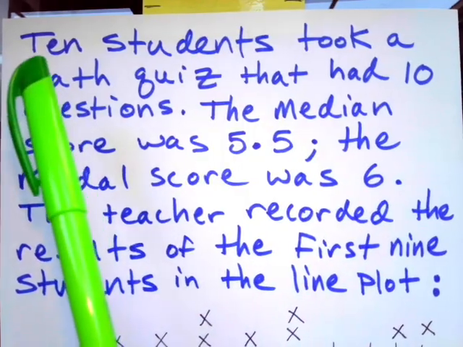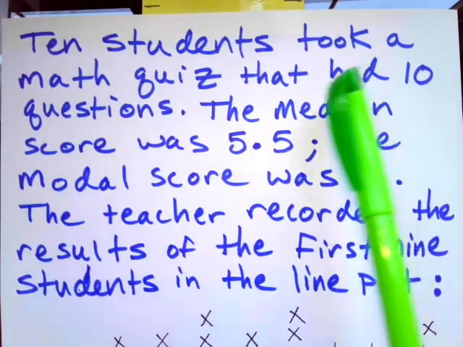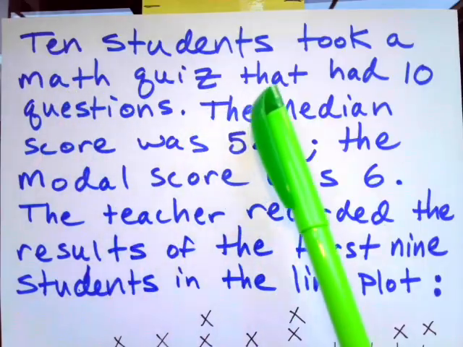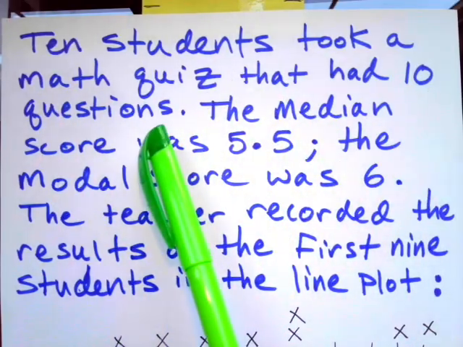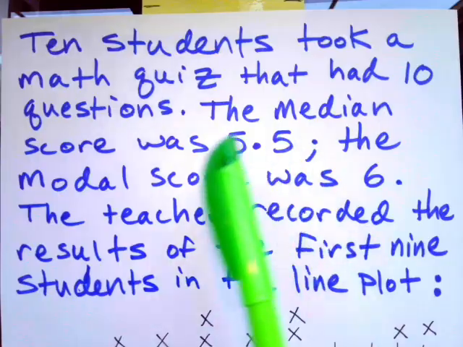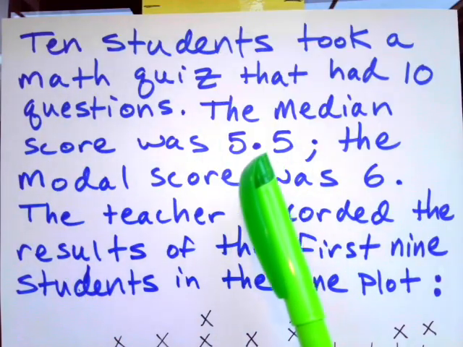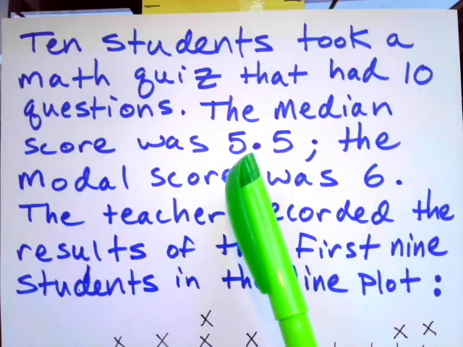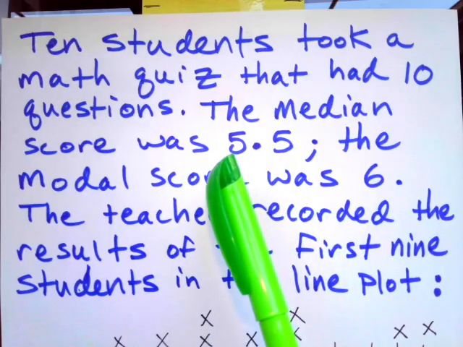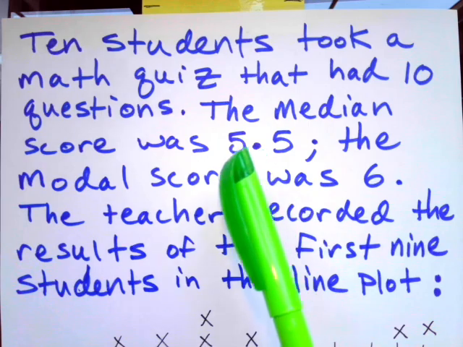So here we go. 10 students took a math quiz that had 10 questions. The median score was 5.5, 5 and a tenth, or 5 and 5/10, or 5.5.